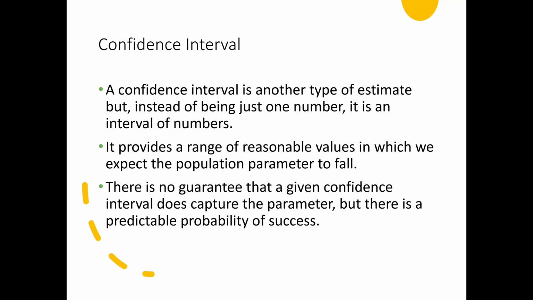And for those of you who, it's been a while since you had algebra, the way that we write an interval is we use parentheses with a comma, and we put the lower limit in the first spot and the upper limit in the second spot. And intervals always go from the smaller number to the larger. Always. It always goes from left to right. So this number is always smaller than that number. Always.